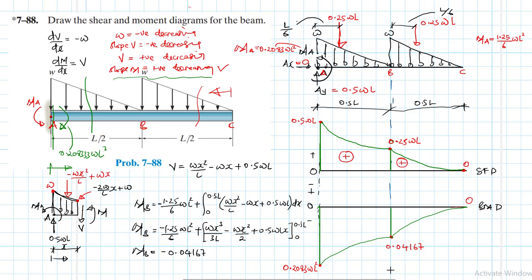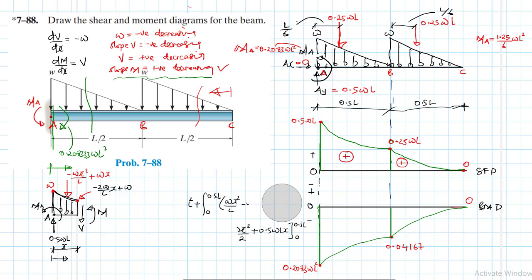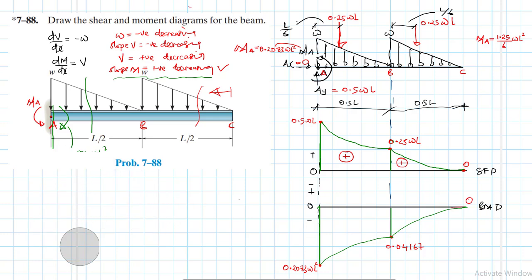Okay, so let me just prove that. This is one of the methods. Let's say I did the sectioning the other side, I want to show what it would become. If I did the sectioning the other side also, we are moving in this direction like this.